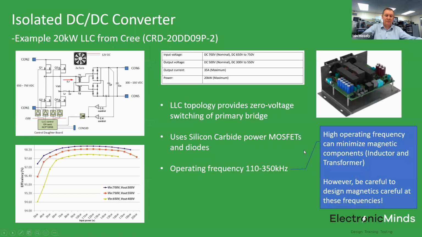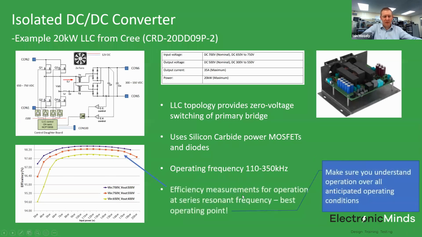And a good comparison, if you were to try and transfer 20 kilowatts of power using a normal 50 hertz line frequency transformer, you just wouldn't be able to pick it up. And these are so much smaller than line frequency operation. However, you have to be careful how you design them, and you need to understand the loss mechanisms that those devices will be subjected to, and I'll talk about that in a little bit as well.